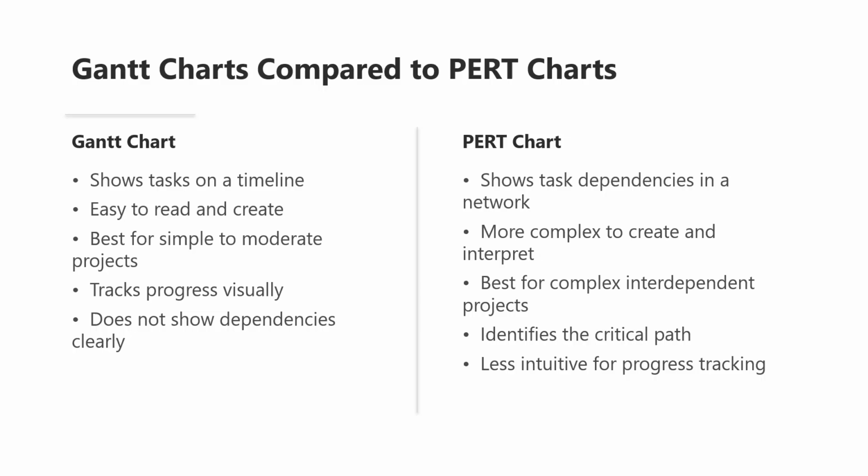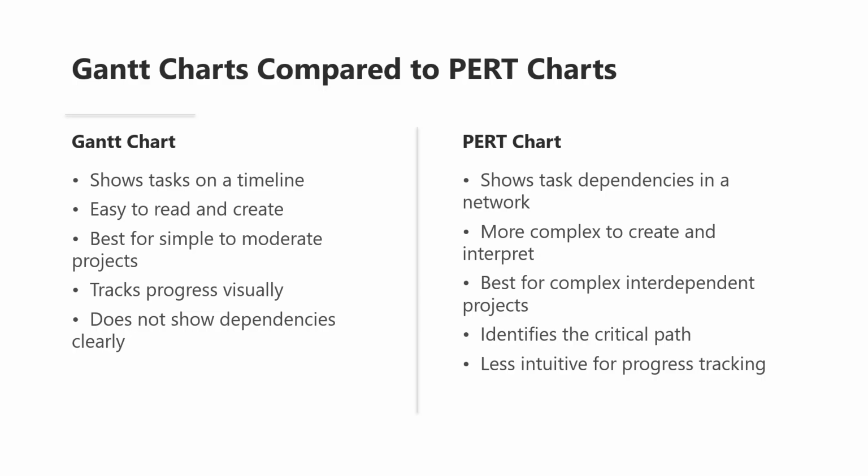They are best suited for simple to moderately involved projects where the primary concern is tracking whether activities are happening on schedule. Gantt charts excel at visual progress tracking because you can quickly see which tasks are complete, which are in progress, and which have not started. However, Gantt charts do not clearly show dependencies between tasks, and that is their main limitation.